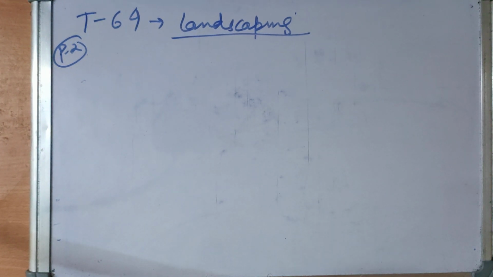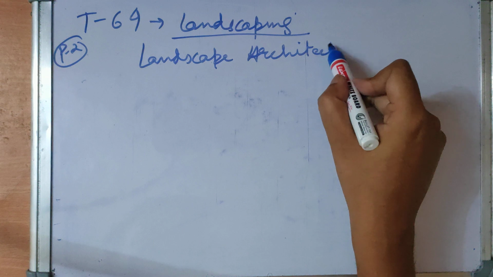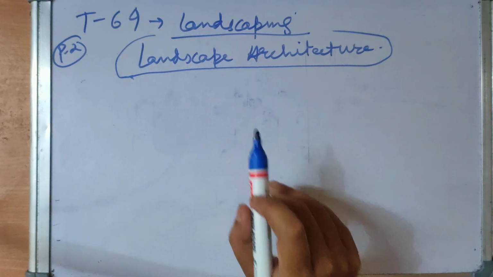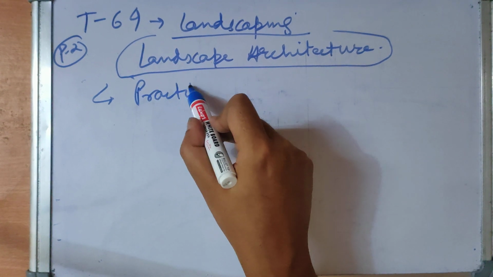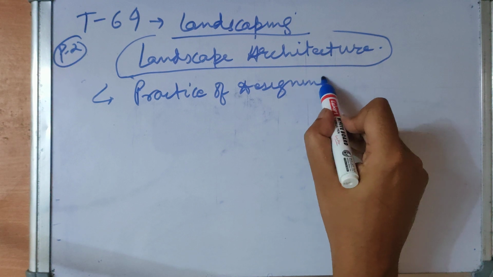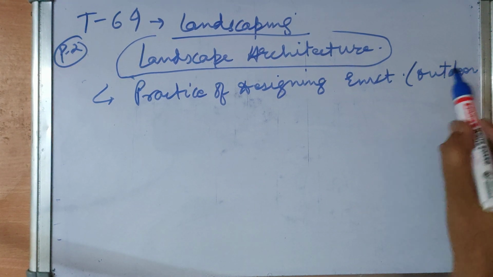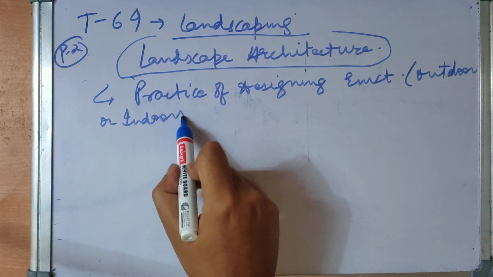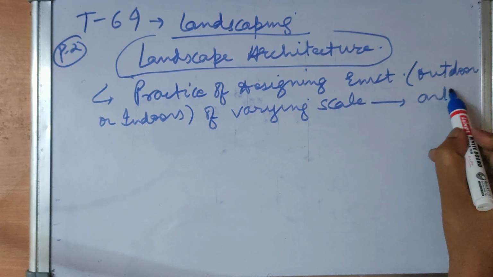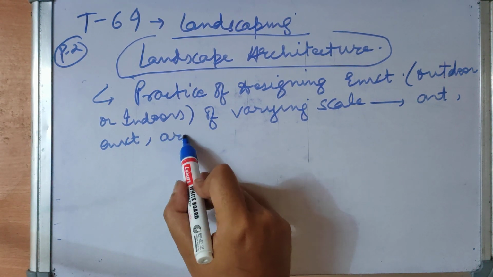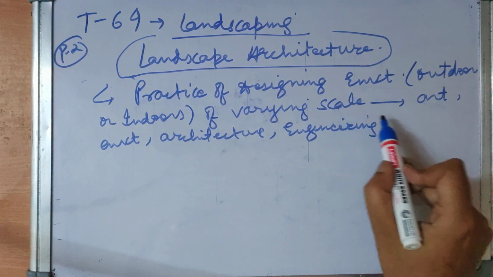So first of all, what is landscape architecture? It is the practice of designing environments outdoors or indoors, both, of varying scale that encompasses elements of art, environment, architecture, engineering, and sociology.